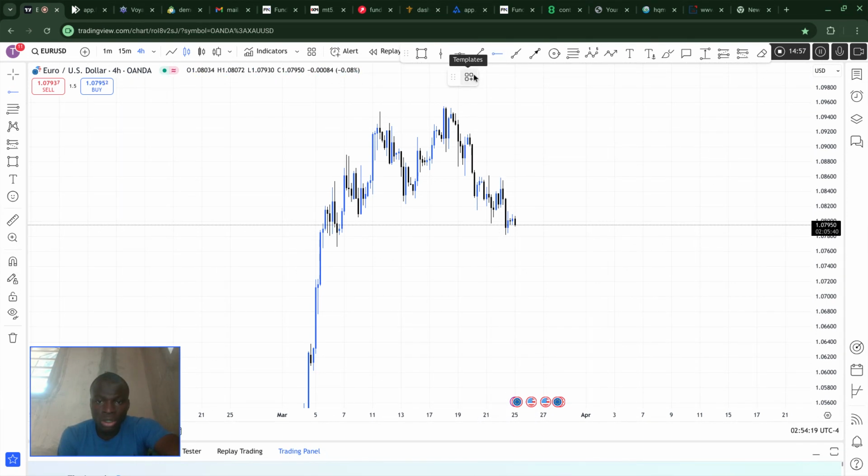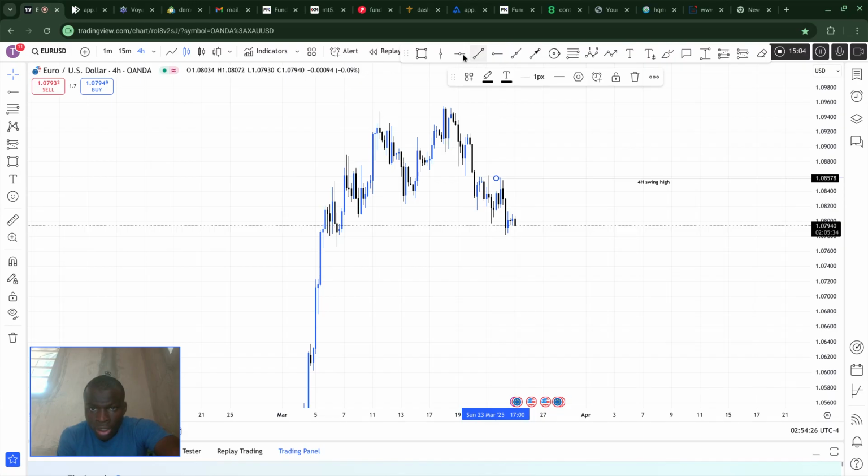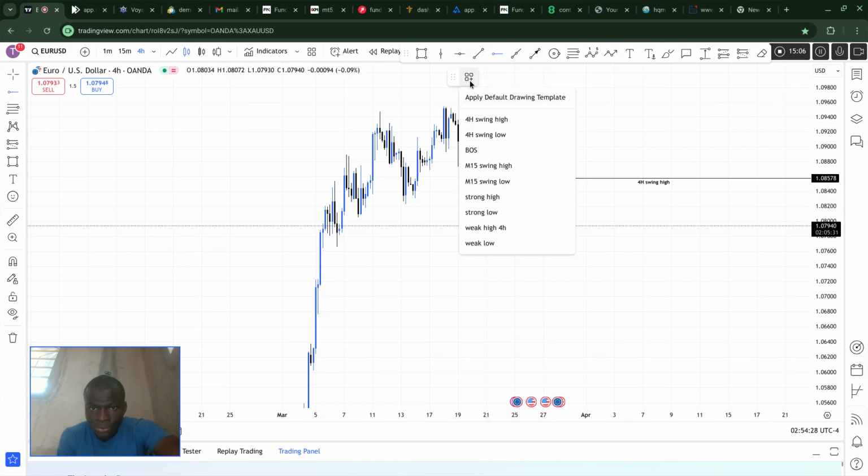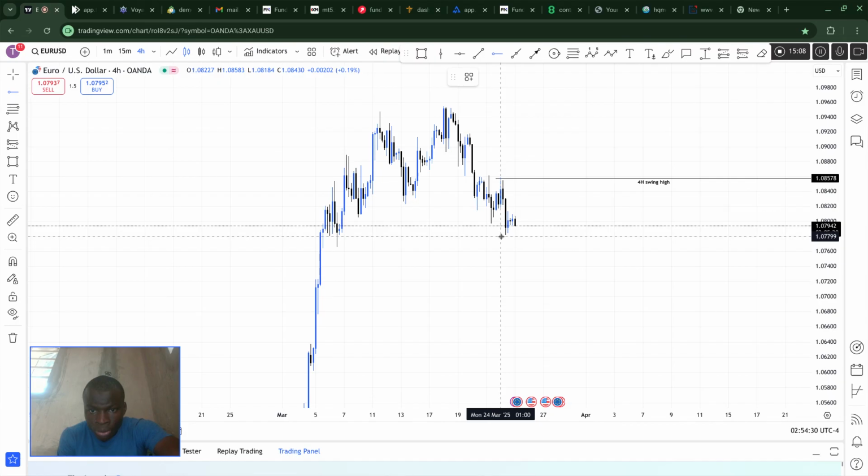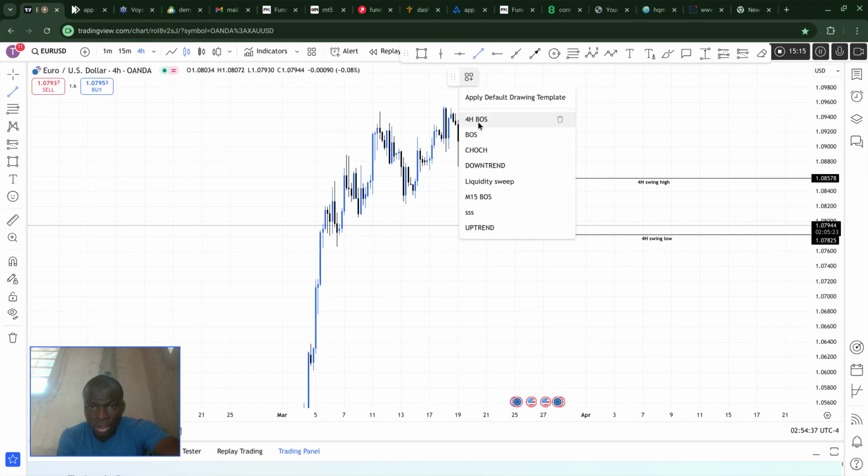Now we look for our current swing range. So 4 hour swing high and 4 hour swing low. So 4 hour swing low here. Then our break of structure, 4 hour break of structure.